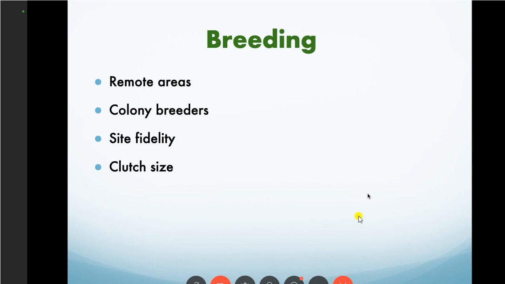This kind of strategy in ecology, we call the K-selected strategy. The opposite is the R-selected strategy, where more importance is given to quantity than quality. Here, importance is given to quality.